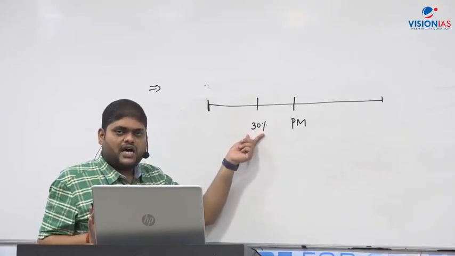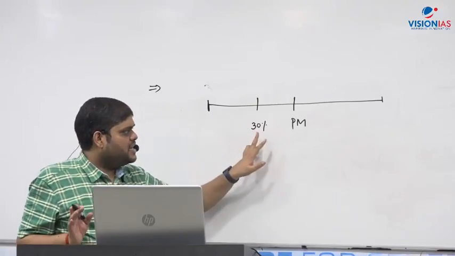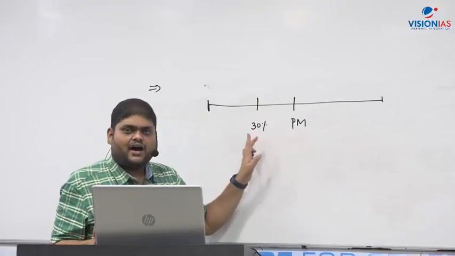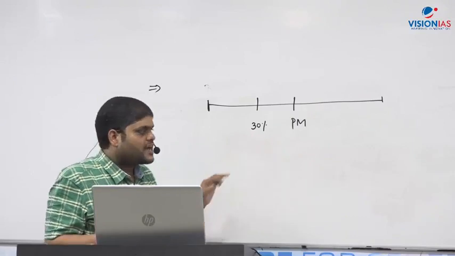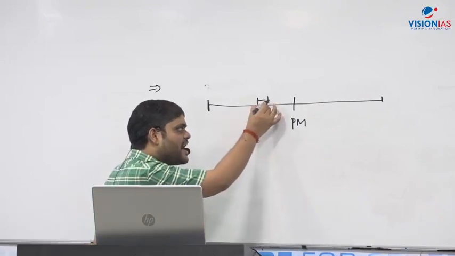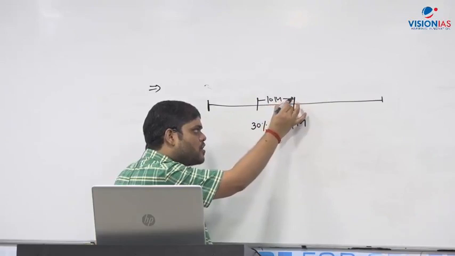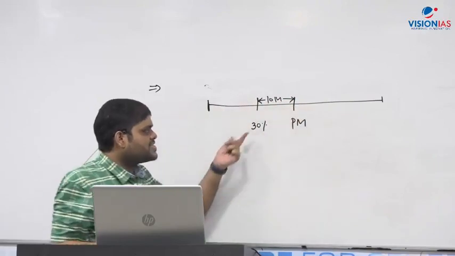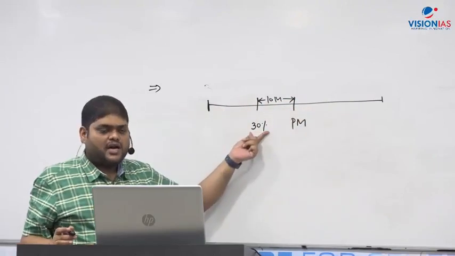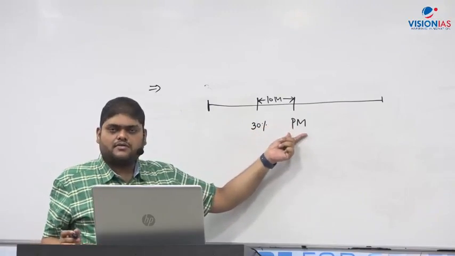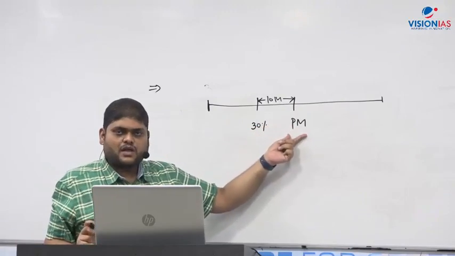That means he is 10 marks behind the passing marks. So if I add 10 marks more to the 30% marks of Ram, he will pass the exam. I think this is clear.